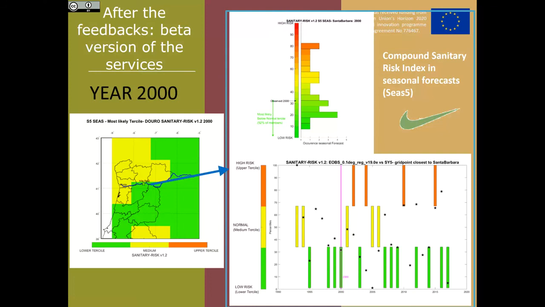Because for those years from the seasonal forecast available, it's not possible to identify the most likely tercile, because, as maybe Massimiliano could better explain in the next presentation, the information is based on an ensemble of the forecast. In this case, we have used System 5, and we use 25 members of forecast, and you have to count the simulations where the value is above the normal, where it is below the normal, and where it is in the normal.